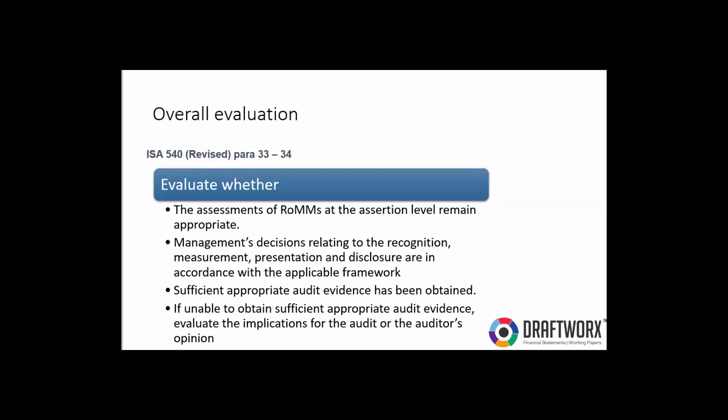So you need to look at all of the facts, all of the results of the testing, all of the outcomes to see, okay, were these estimates actually accurate? Or reasonable? Does it point towards that we assessed the risk correctly at planning stage? Or do we need to amend our risk assessment and do further work to respond possibly to an increased risk of material misstatement? All right, so it's important that you ask that question.